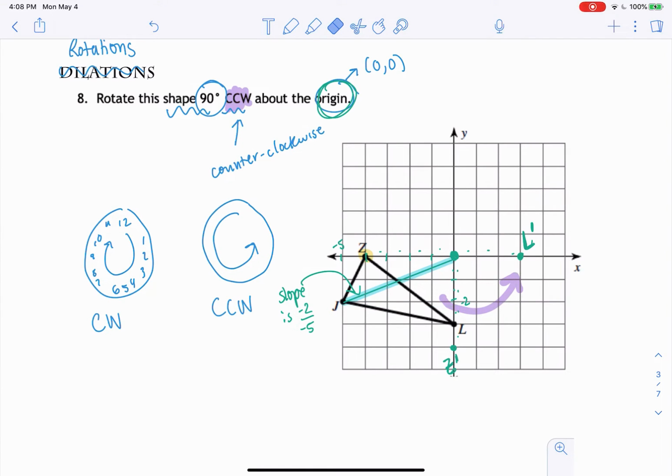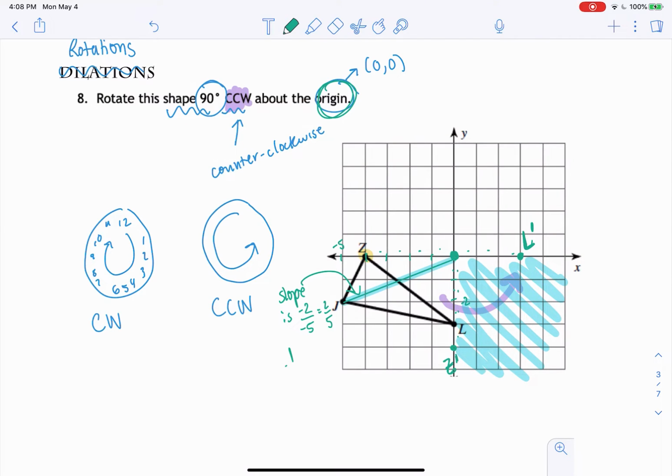So what we're going to do is approximate. We know that if we move in the purple direction, we're going to be entering into this quadrant at 90 degrees. So what we're going to do is take this slope here, 2/5.